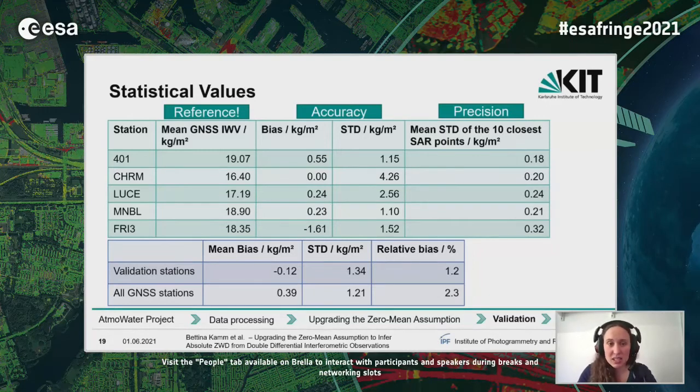I looked at the standard deviation of the 10 closest points to each GNSS station, and those are very consistent with each other. They have an inner precision of 0.2 to 0.3 kilograms per square meter. So the SAR data around those GNSS stations is consistent in itself. And below you see the mean bias over all GNSS validation stations, and you can see that the relative bias is 1 to 2.3% of the integrated water vapor.